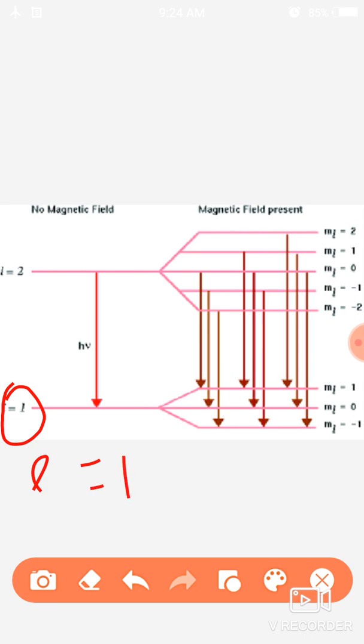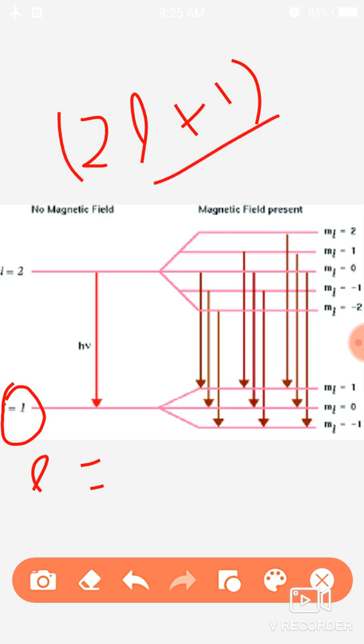According to the Zeeman effect, when a magnetic field of sufficient strength interacts, the number of split energy levels is 2L plus 1.